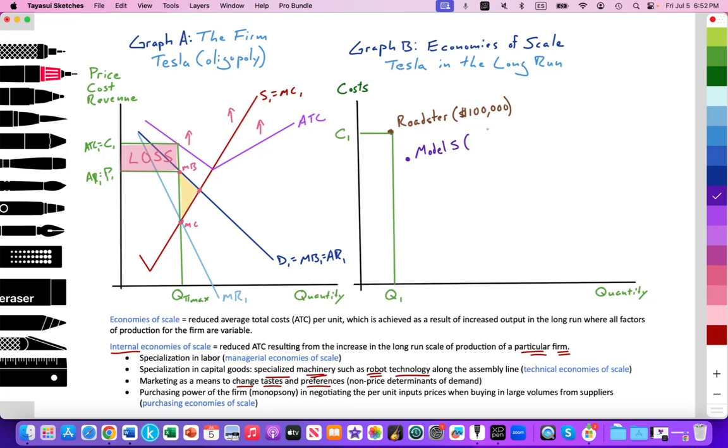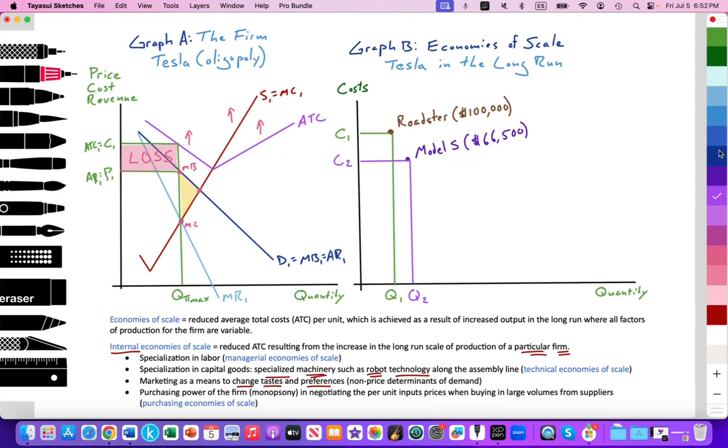And the Model S was sold approximately $66,500. That's an approximation. And that gives us a lower cost and more output. Q1 to Q2, cost on average falling to C2.